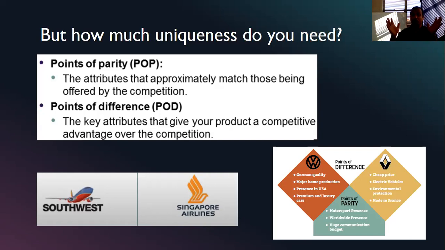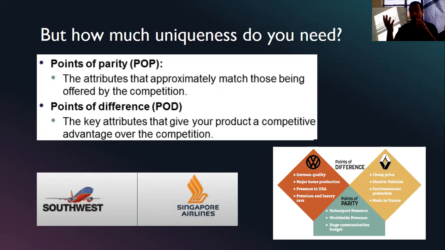Take another example: Singapore Airlines and Southwest. What do you think their points of parity are? I'm sure in the airline industry there are various activities where there is a possibility of parity. But what are the points of difference for Singapore Airlines compared to Southwest? Yes, Singapore Airlines is known for providing the wow, the best services in the world.